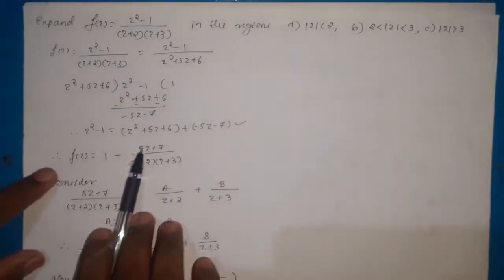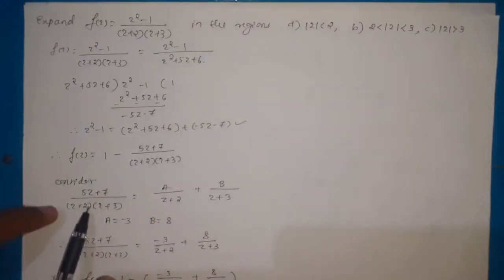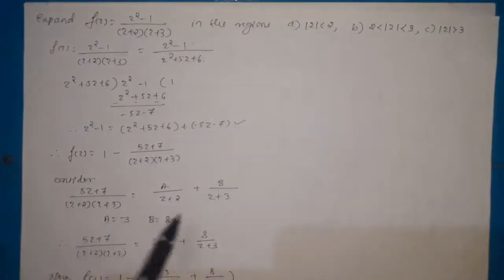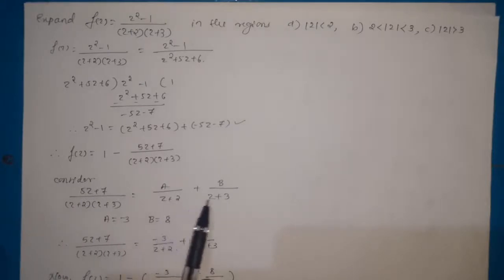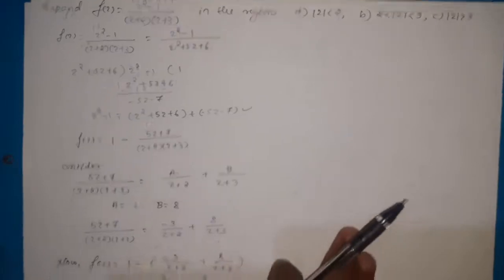Now consider this only, (5z plus 7) divided by (z plus 2) into (z plus 3). Now by using partial fractions, a divided by z plus 2 plus b by z plus 3. So here a equal to minus 3 and b is equal to 8. Then (5z plus 7) divided by (z plus 2)(z plus 3) is equal to minus 3 by z plus 2 plus 8 by z plus 3.